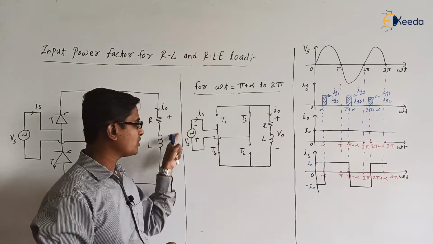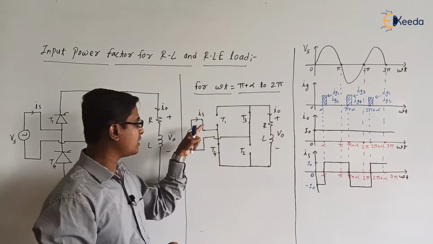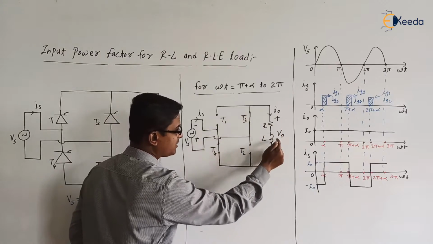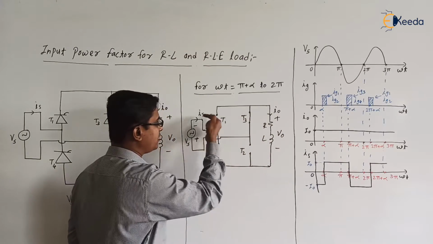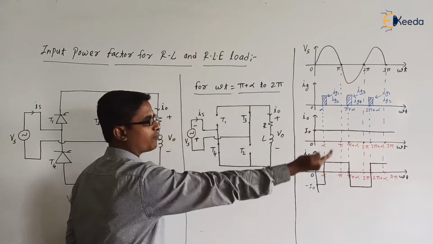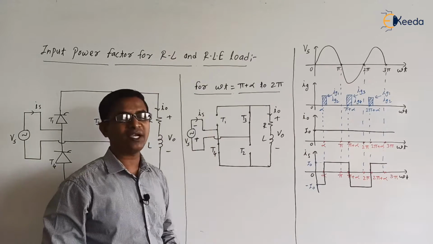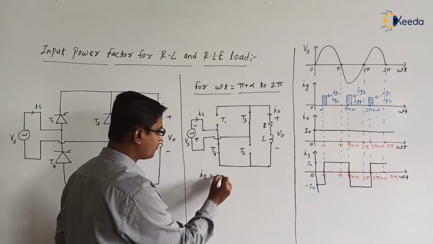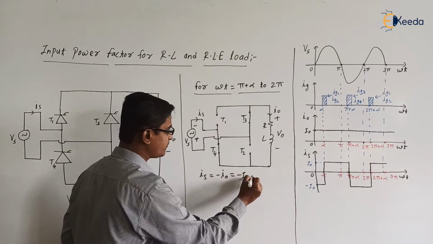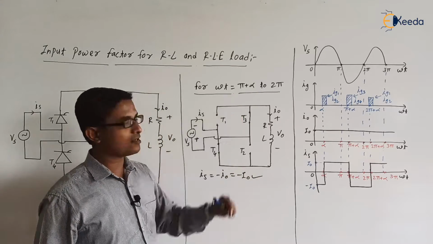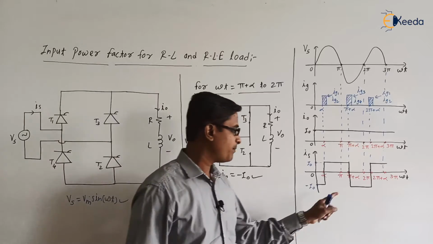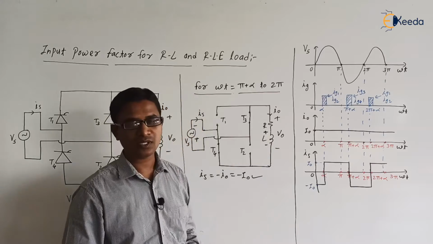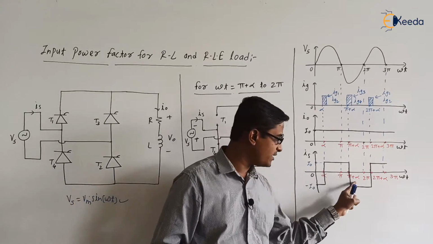Here we have only one loop, but if you check the current flowing through the source, in this branch the current direction is from right to left, but Is we have specified as left to right. So can we write Is equal to minus I0? Is this clear? From pi plus alpha to 2 pi, Is is minus I0, and the inductor goes on storing the energy.